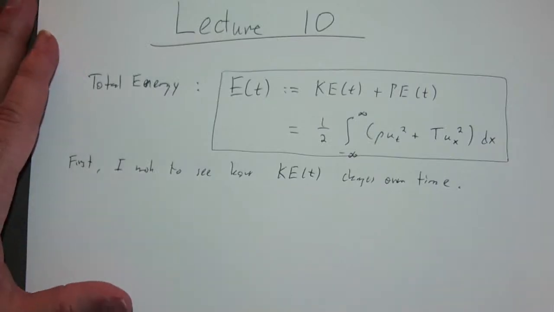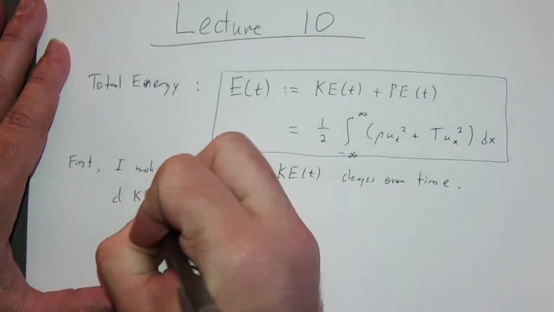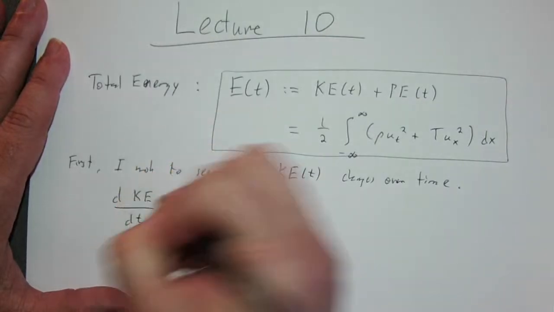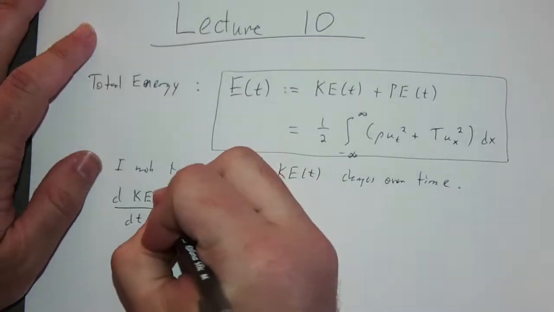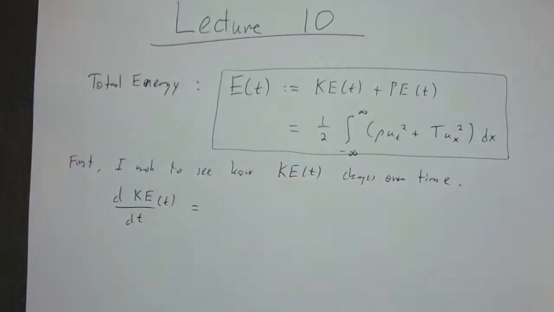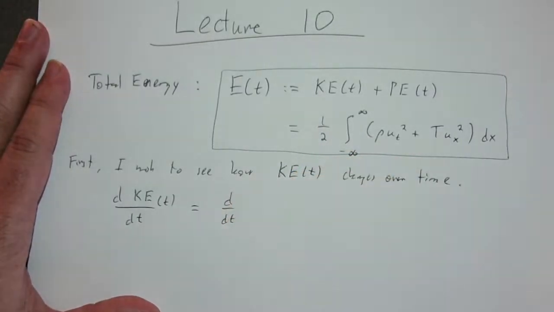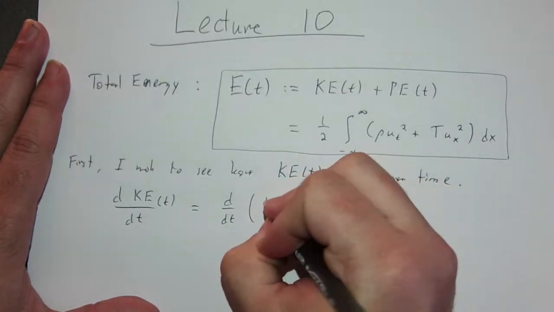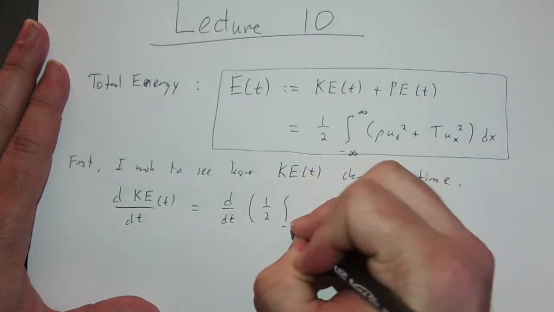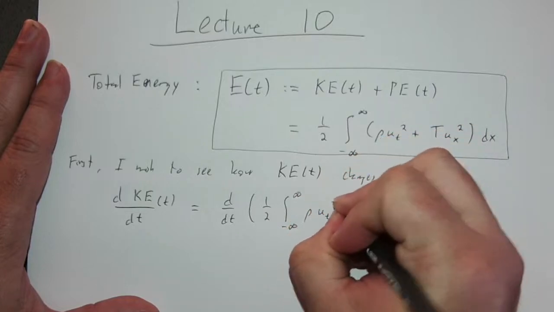Well, if I want to know how this changes over time, of course, the quantity that I want to compute is its derivative with respect to time. So what is the derivative with respect to time of the kinetic energy? So this is d/dt of 1/2 times the integral from minus infinity to infinity of rho u sub t squared dx.